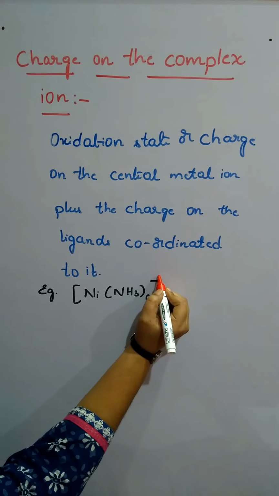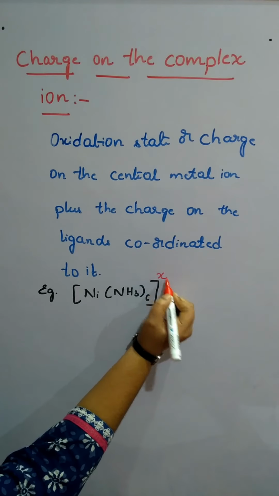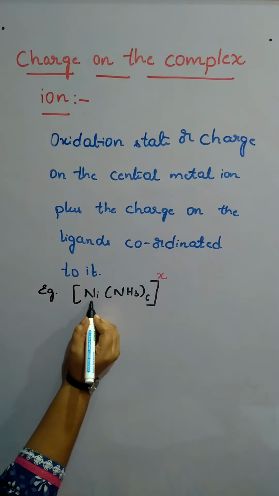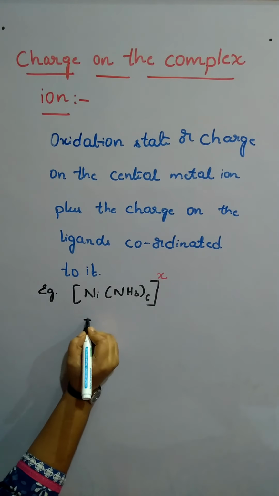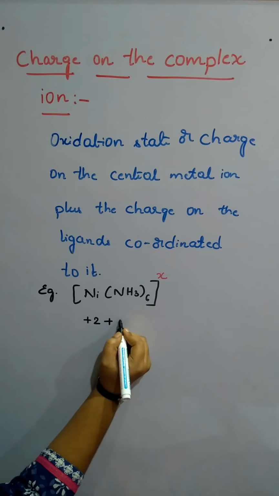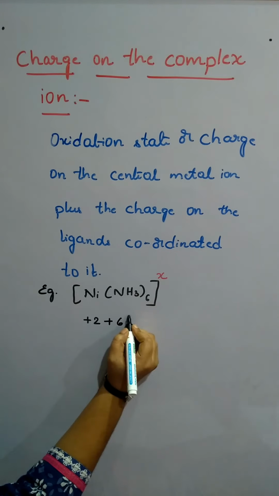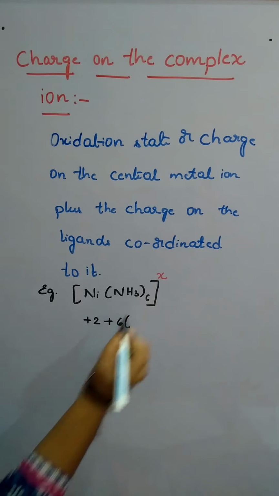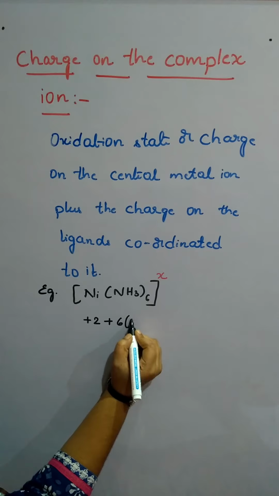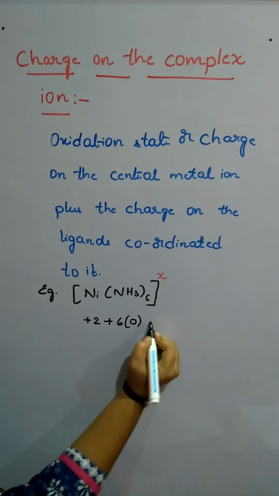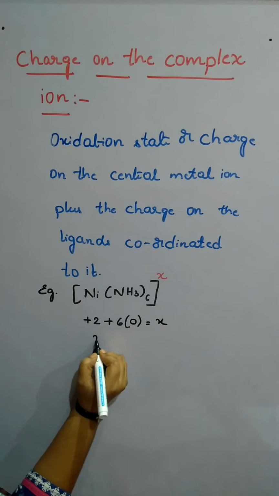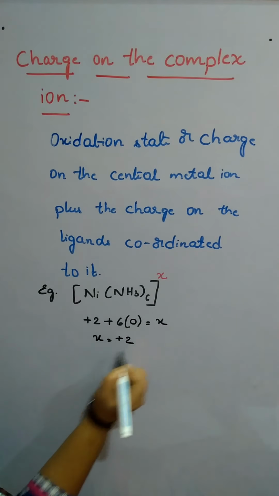Let us take that charge as X. We know the oxidation state of nickel is +2, plus 6 ligands, and the charge on the ligand, ammonia, is 0, because ammonia is a neutral ligand. That equals X. So X is equal to +2.